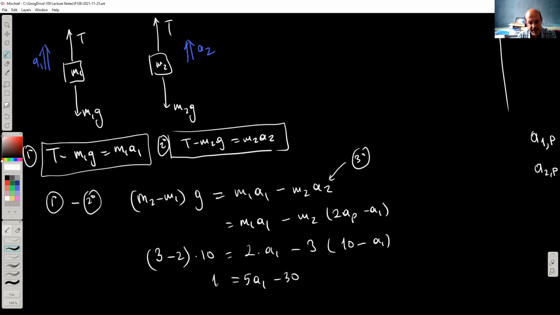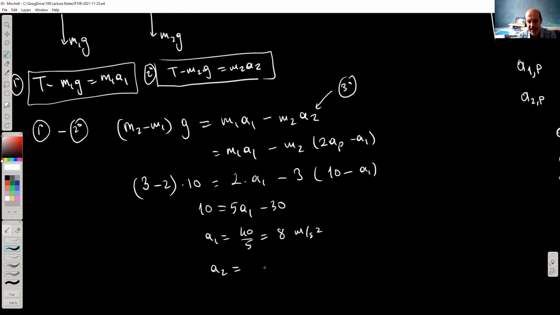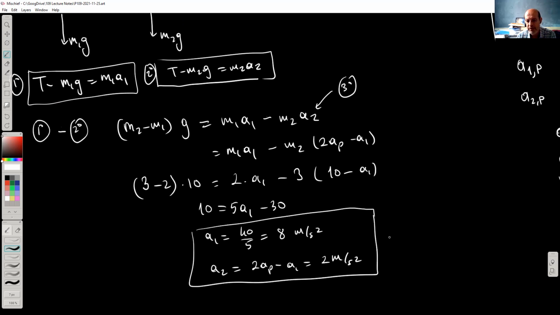On the left-hand side, I get 10. So A1 is equal to 40 divided by 5. So that's 8 meters per second squared. Which then implies that A2 is equal to 2AP minus A1. So that's equal to 2 meters per second squared. Okay. So we got the same results.